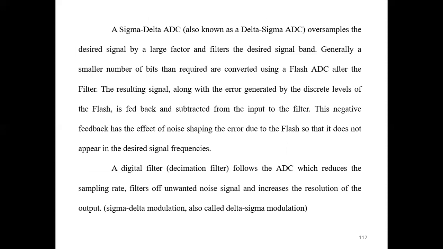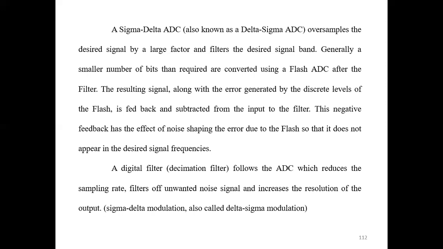The sigma delta ADC, also known as delta sigma ADC, oversamples the desired signal by a large factor and filters the desired signal band. Generally, a smaller number of bits than required are converted using a flash ADC after the filter. The resulting signal, along with the error generated by the discrete levels of the flash, is fed back and subtracted from the input to the filter.